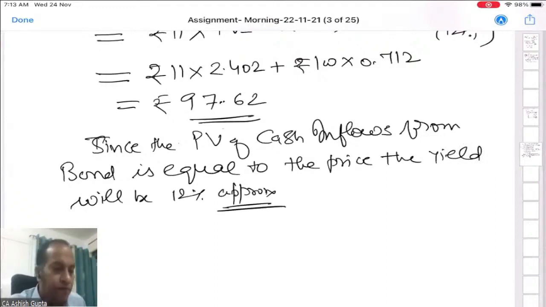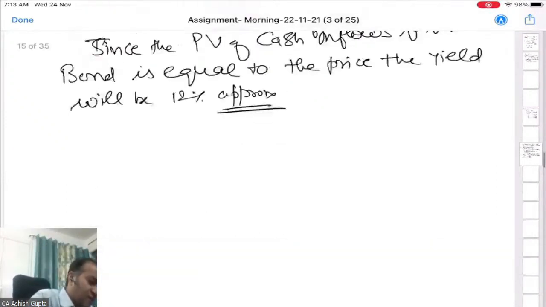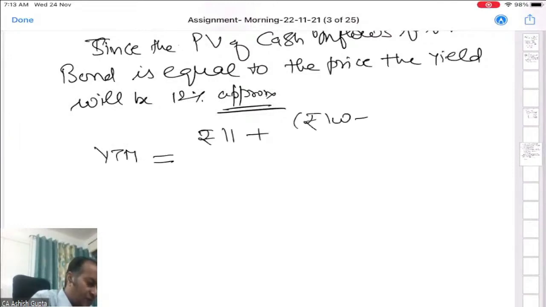Or there is a shortcut formula that I am discussing with you: interest plus redeemable value.